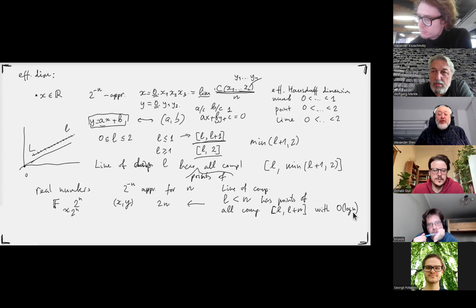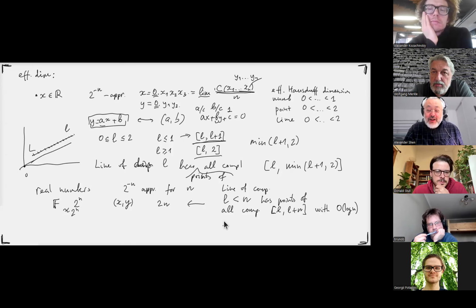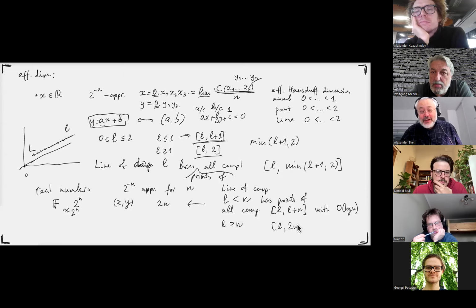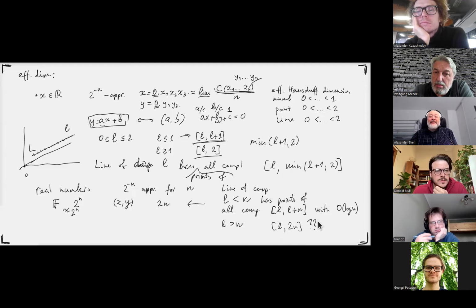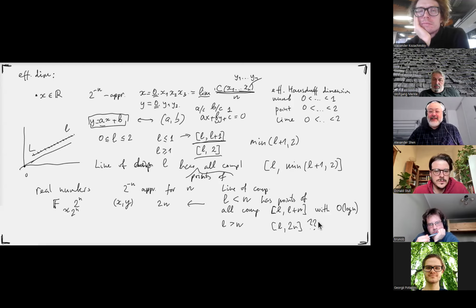And what is not known, at least to me, is that if L is greater than n, we would like to have all complexities between L and 2n. And strangely, this fails. At least all tricks I know fail. But I have no feeling that there is some inevitable obstacle. Maybe I just didn't try something simple, or it would work.